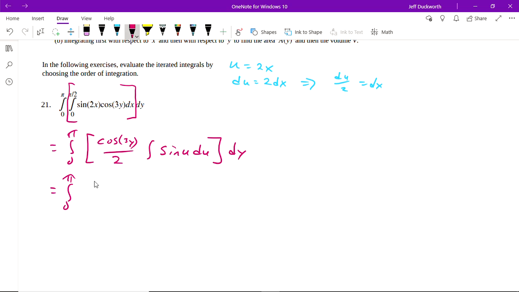We'll replace the u. You know what? Let's do this, and we'll put the dy on the outside.